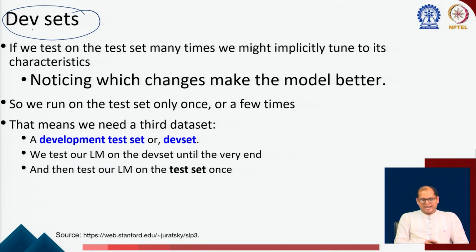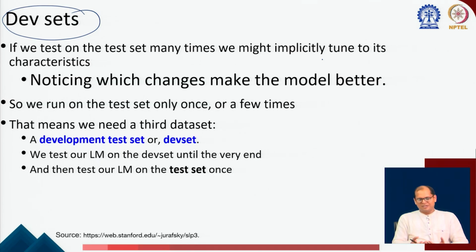Okay. So the idea is that if you want to run your experiments multiple times and test how good my language model is, you need some data. But if you start doing it on the test data, it will be like you are falsely tuning it to the data, right? I mean, you are just doing some experiment, testing on test data, again changing and testing on test data, and once you see, oh, I have a good performance, you stop.